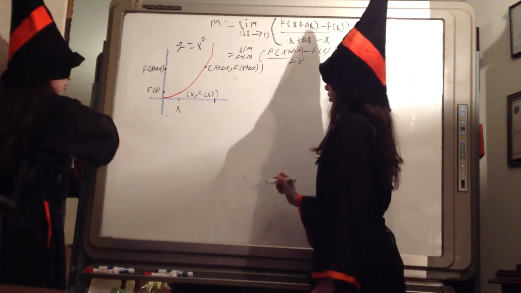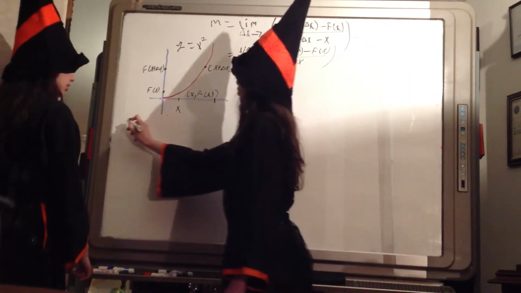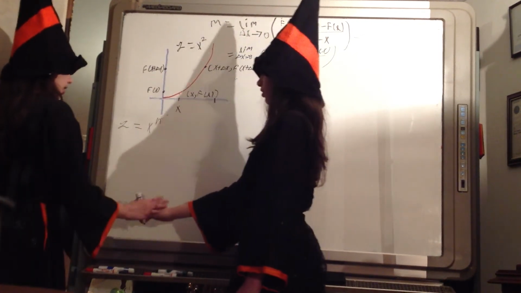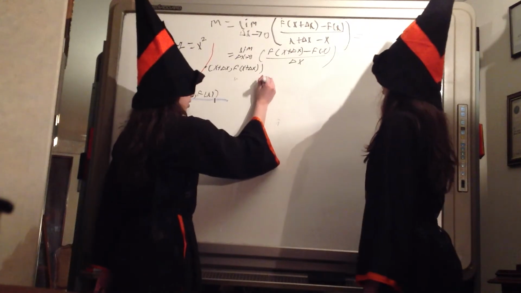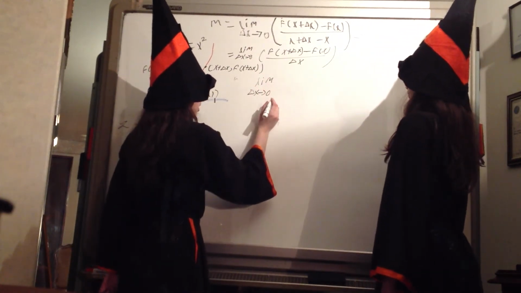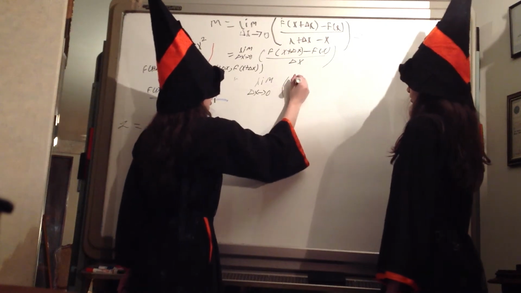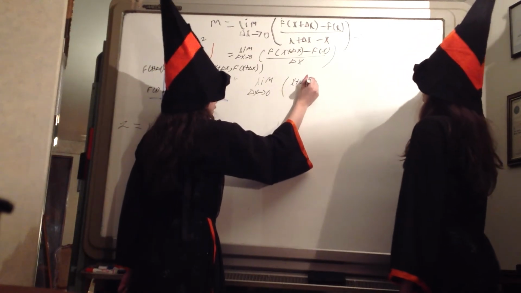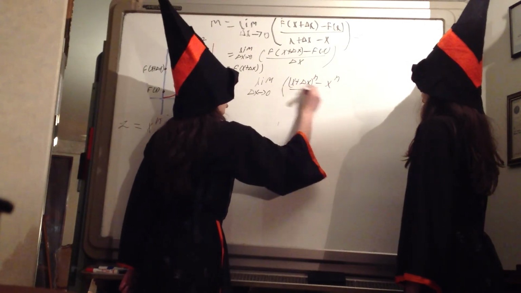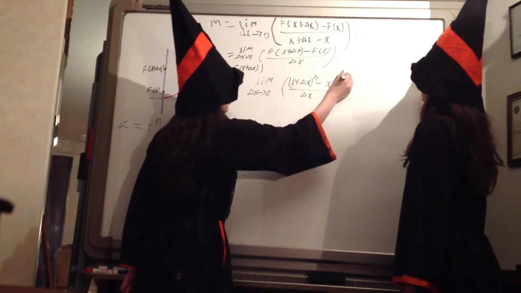And if we want to know the slope at any point of y equals x to the n, it is the limit when delta x approaches 0 of (x plus delta x) all to the n minus x to the n all over delta x.